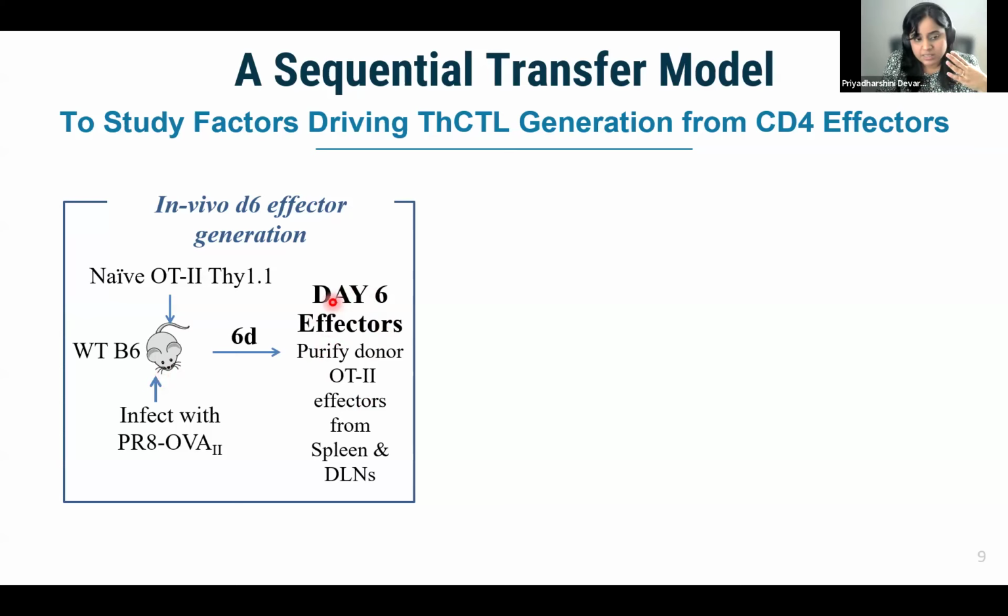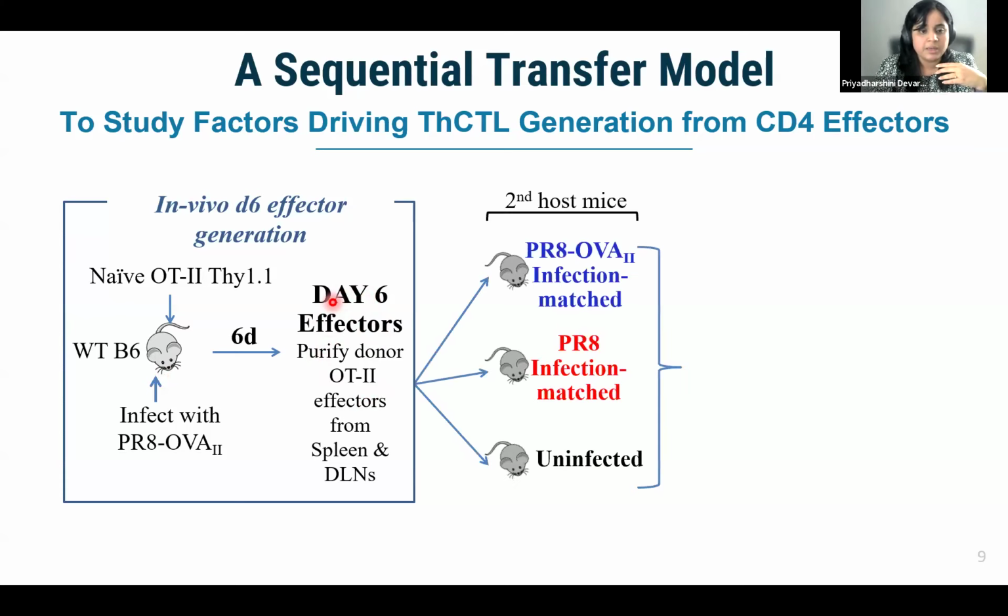We then isolate these Th1 effectors, and then we transfer them to different second host mice to ask, what is it that's required in this second phase that we think is when these Th CTLs are formed? What are the factors driving their generation?